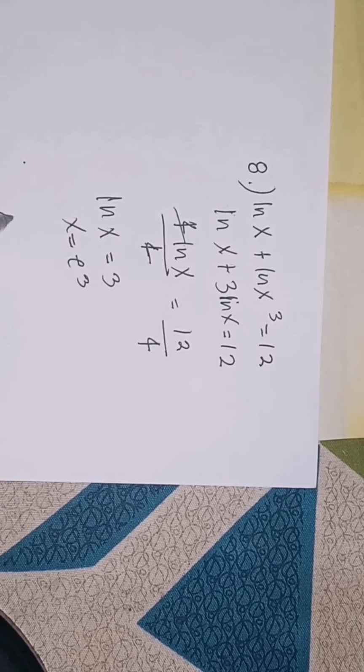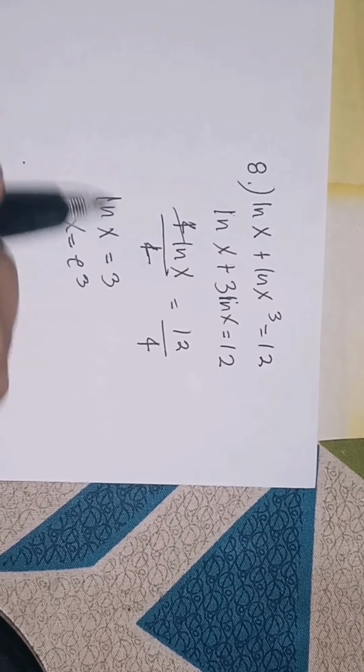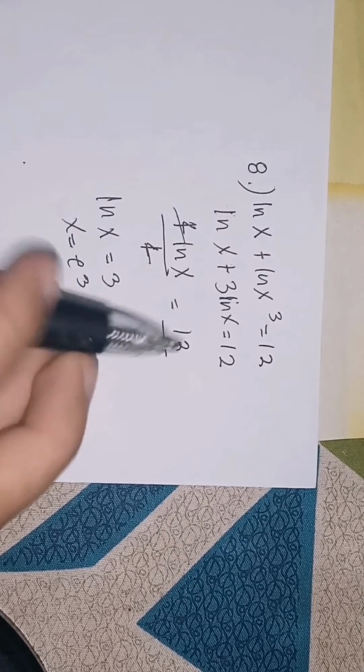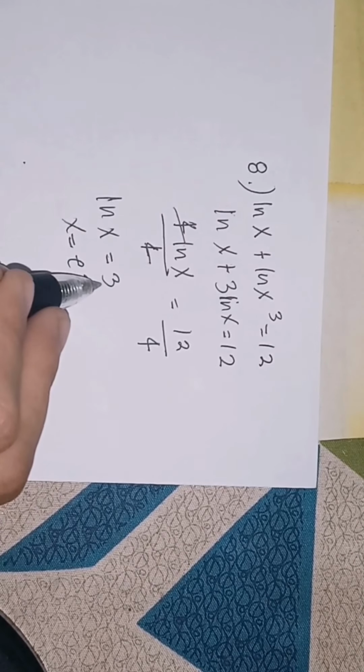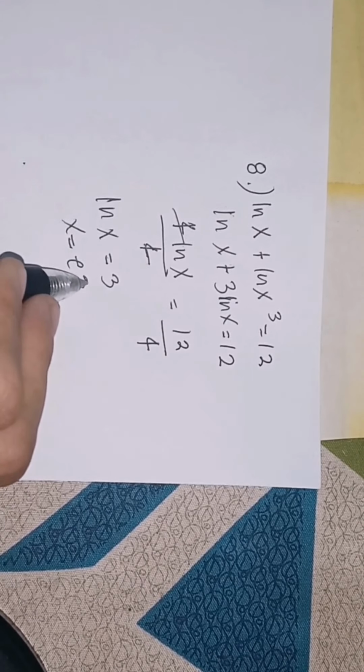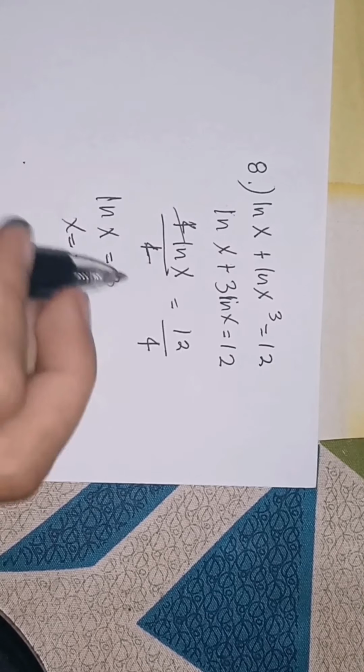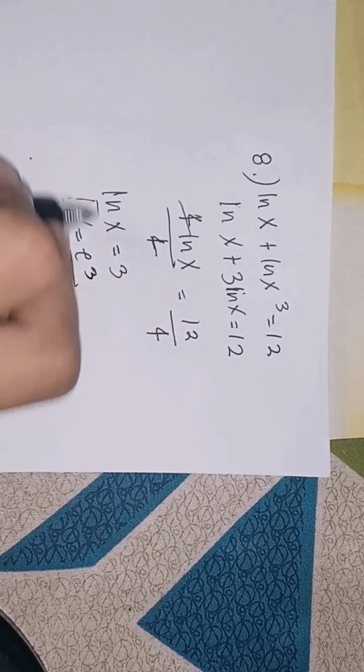So we have 3. So we simplify this, which becomes x equals, because 3 is a constant, it becomes an exponent, e raised to 3.